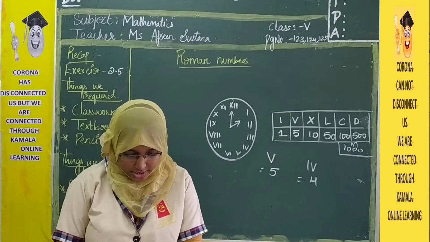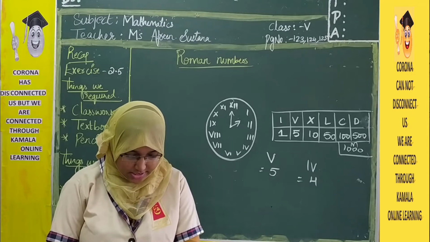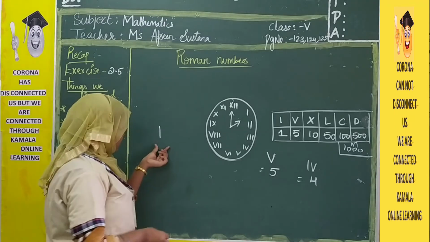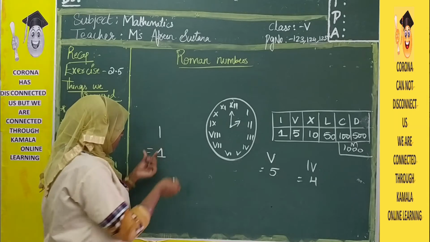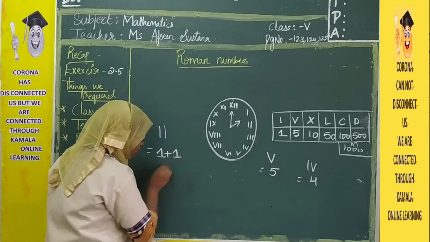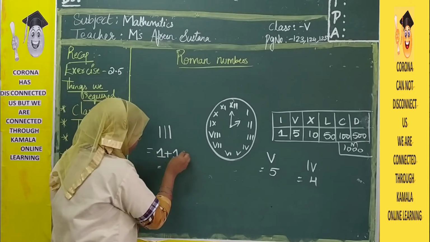Rule number 1. When a symbol is repeated, its value is added as many times as it is repeated. The symbol is I, representing 1. If I repeat the number once more, 1 plus 1, you will get 2. Again if I repeat the same number, I get 1 more.